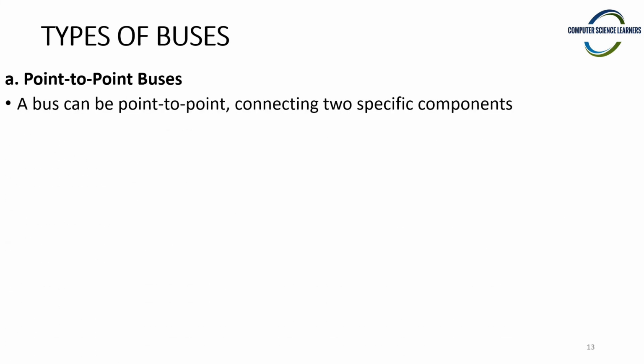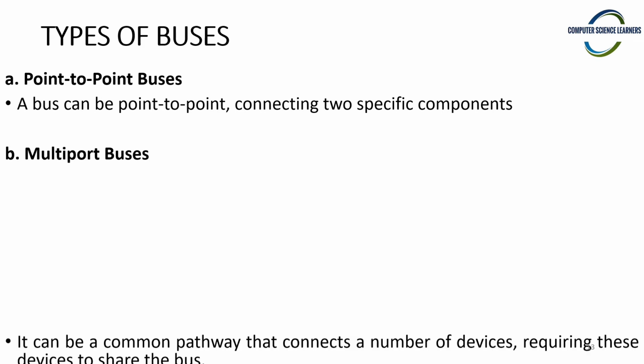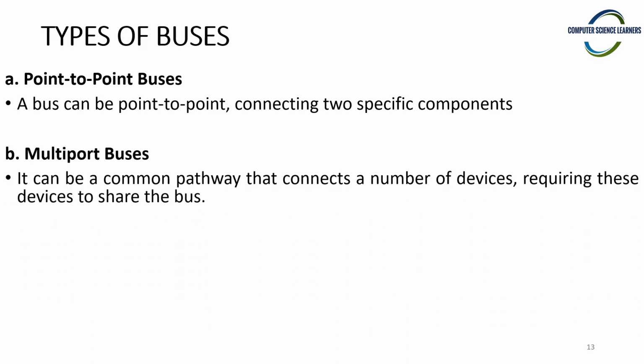Then there are different types of buses. One is point-to-point buses: those buses that connect to a specific component. Multi-port buses are also there, in which the bus is shared by a number of devices.